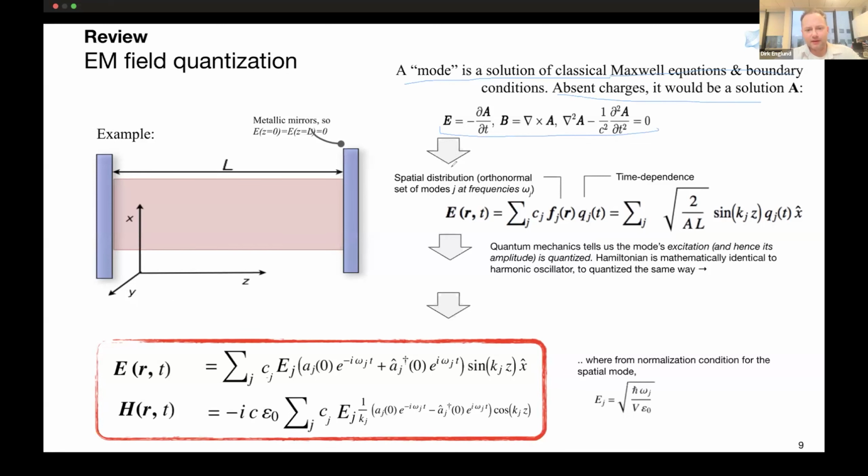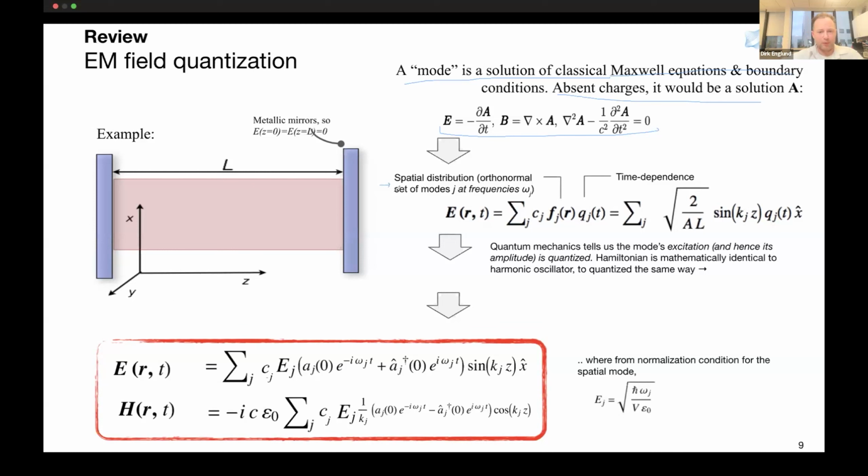And from that, that gives us the spatial distribution of the orthonormal set of solutions, the eigenstates of the Maxwell's equations. Where the quantum mechanics comes in is that it allows us to predict what the measurement of the excitation of these modes would be.